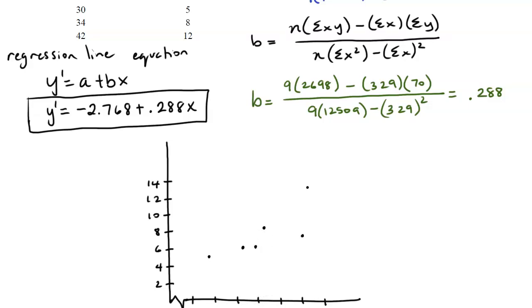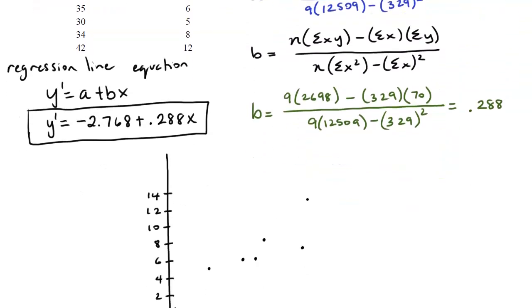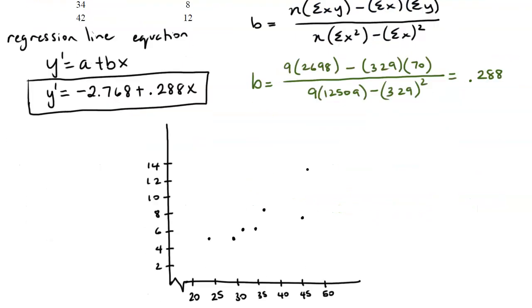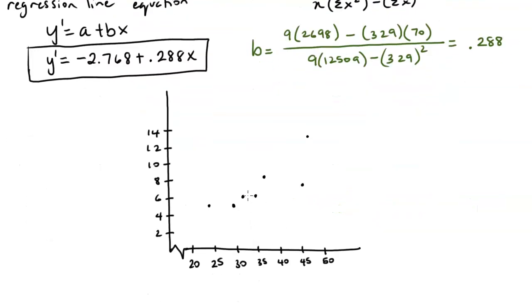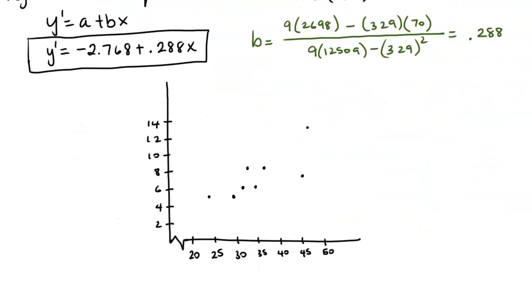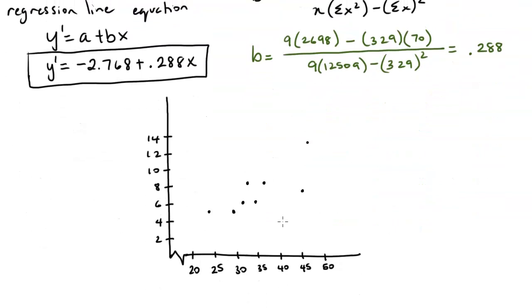And I should have 9 points on here when I'm done, right? 35, 30. 34, 8, 34 to 8. And 42, 12. 42 all the way up to 12. 1, 2, 3, 4, 5, 6, 7, 8, 9.